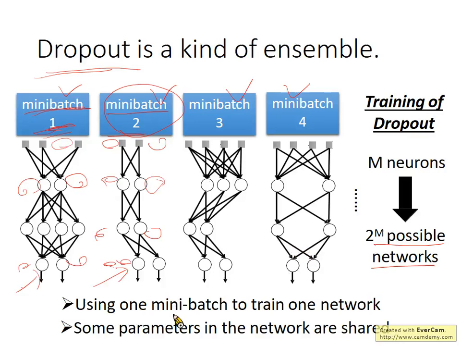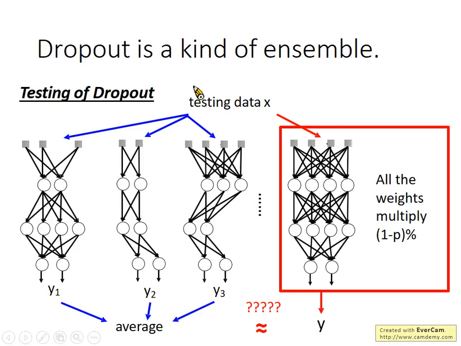So we can get many possible networks and view them as an ensemble of networks. We use one mini batch to train one network, and some parameters in the networks are shared. Different networks are not necessarily totally different; some of them share the same neurons and the same parameters. When testing, we input the testing data to the different networks, get several results, and average the final result.